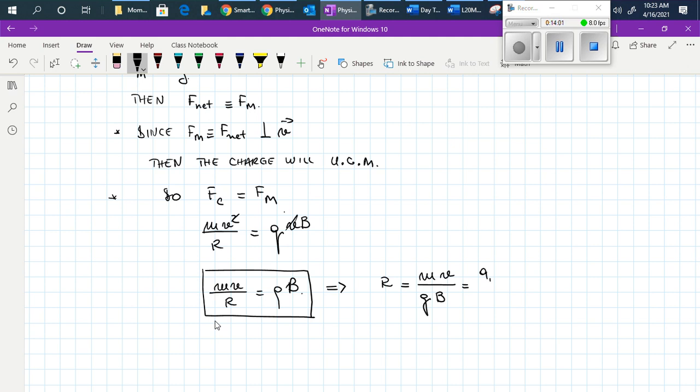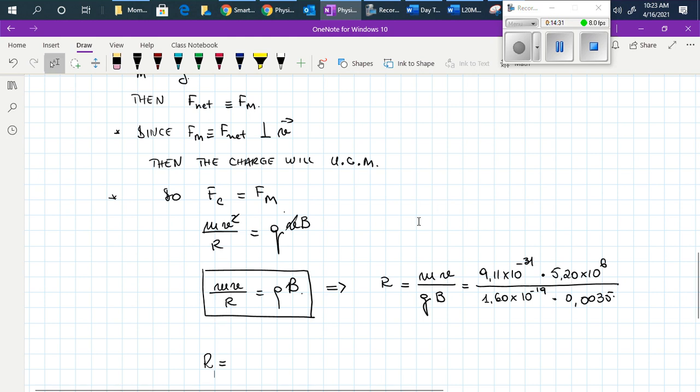So 9.11 times 10 to the power of negative 31 kilograms times the speed I said is 5.20 times 10 to the power of 6 over the charge of the electron is 1 elementary charge, so 1.60 times 10 to the power of negative 19 times 0.0035 Tesla. So enter this in your calculation, and I will do so as well, and this gives you the value of the radius.